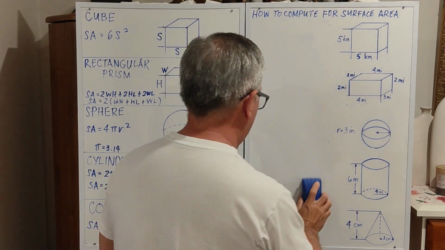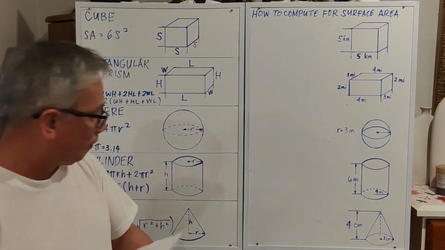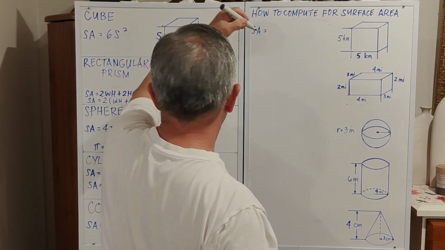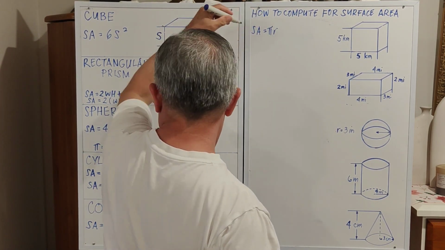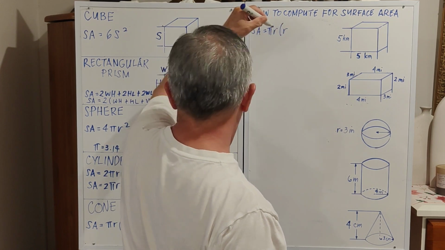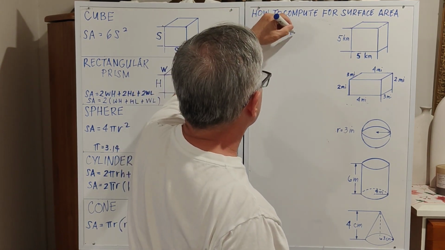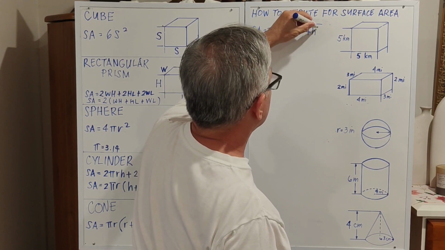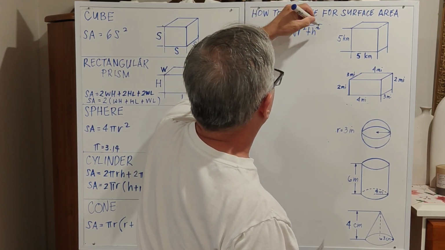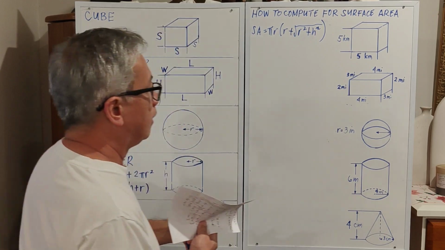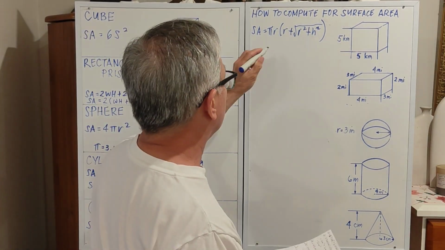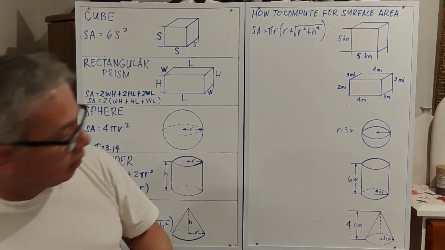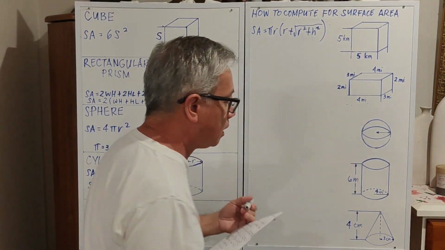The formula for the cone is surface area is pi r times the quantity r plus the square root of r squared plus h squared. So we just plug in the values. Let's clear up this side.